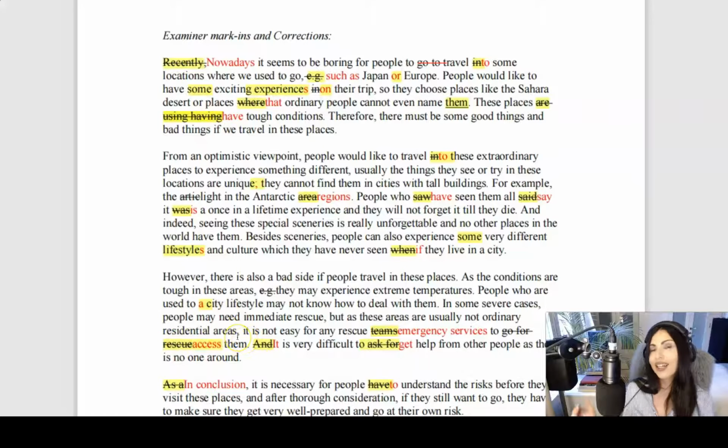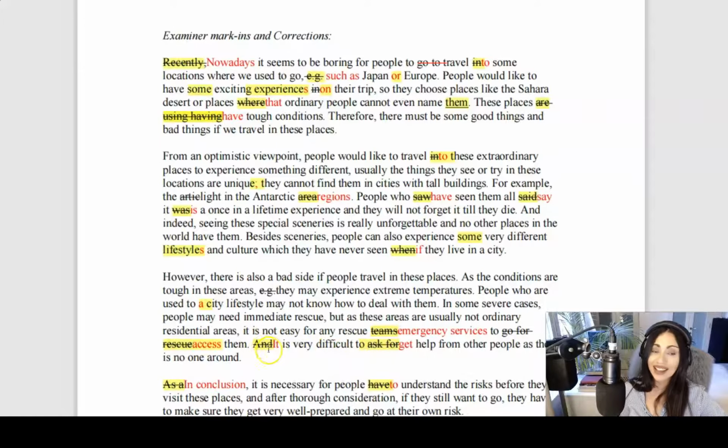And therefore here the student could not make a distinction between the verb and subject that he or she had to use. Therefore, there was a subject-verb disagreement. Make sure your verbs agree with your subjects. You access areas. You don't rescue areas. You rescue people. But people was not the subject.